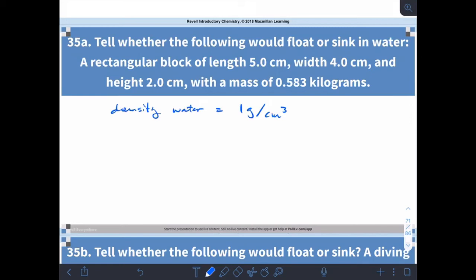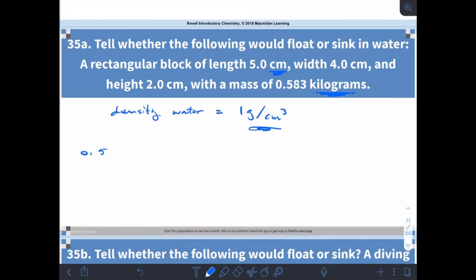And it's all about the conversions. Trust me, this works. I have my centimeters in the problem to determine the volume of our block, but our kilograms is not going to work with our density. So I need to first convert my kilograms to grams.